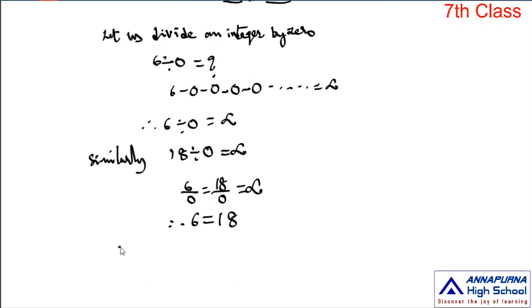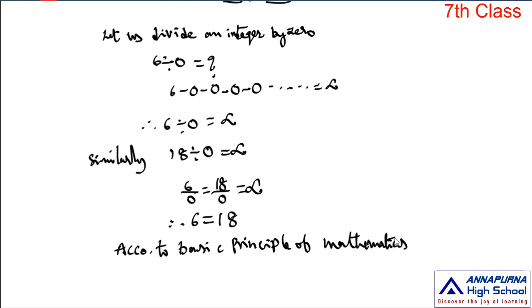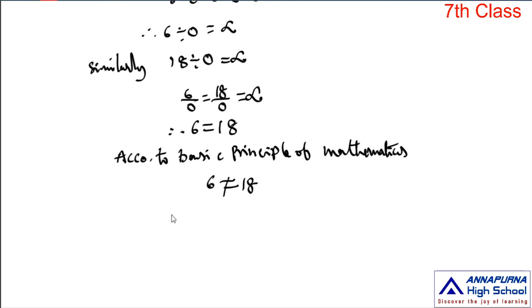According to the basic principle of mathematics, 6 is not equal to 18. So that means our assumption is wrong.